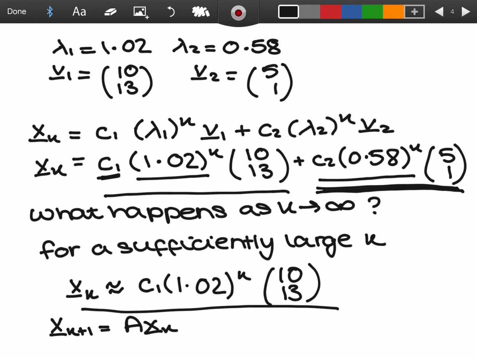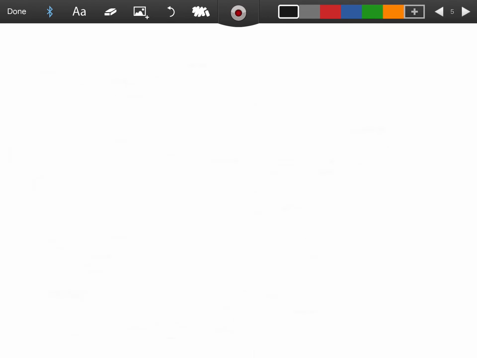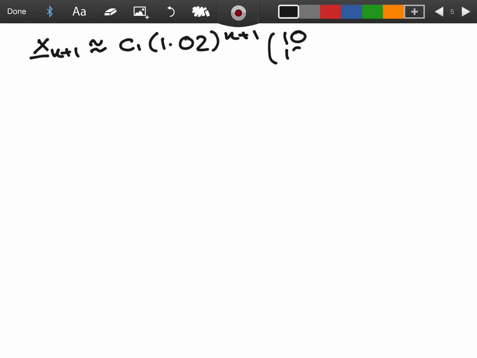So xk plus 1 is approximately equal to C1 times 1.02 to the k plus 1, times (10, 13).